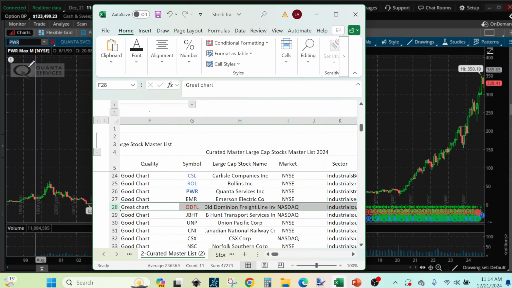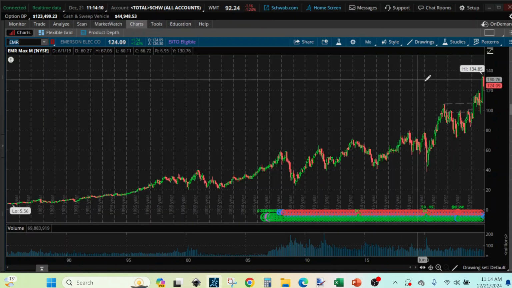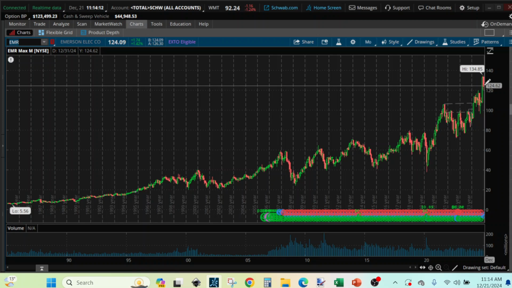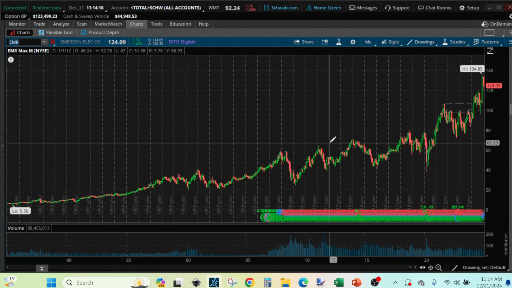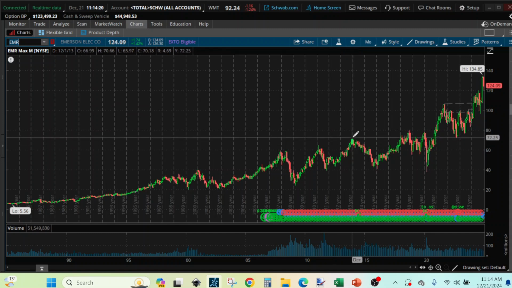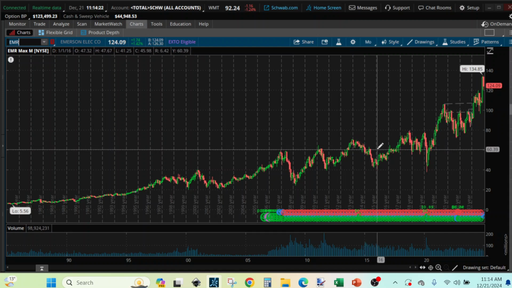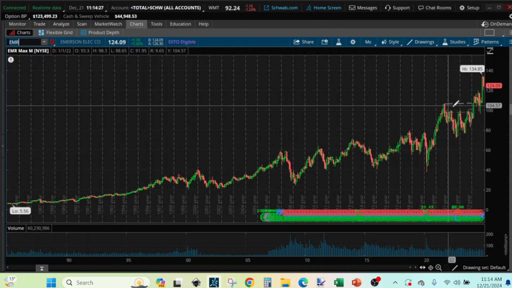So EMR, the price is right there above prior year peak. We will keep it. Don't really like this trend, in a way that prior year highs can be higher than current year start things. Do you see?